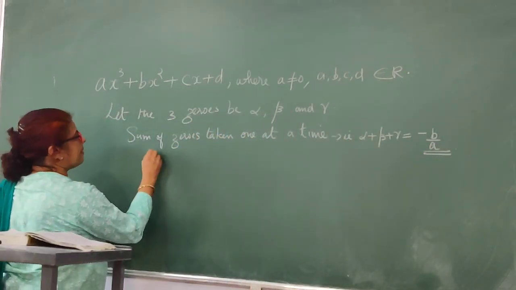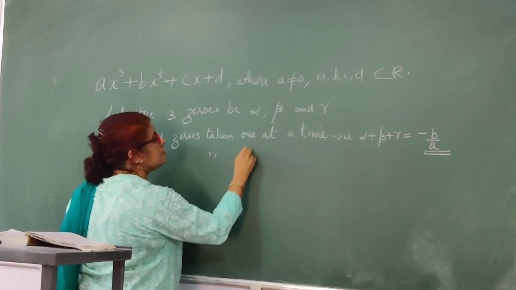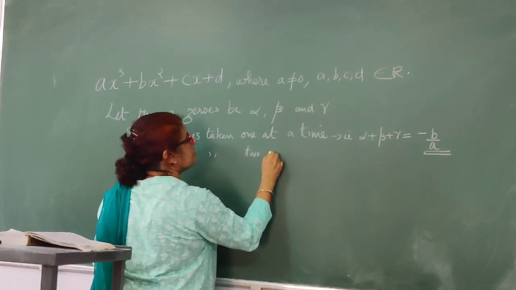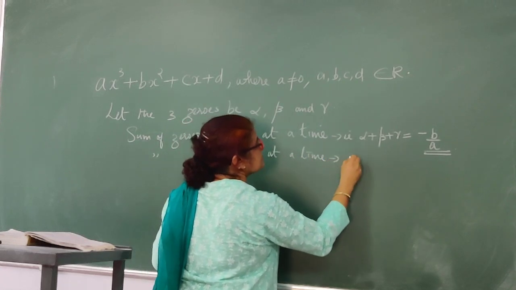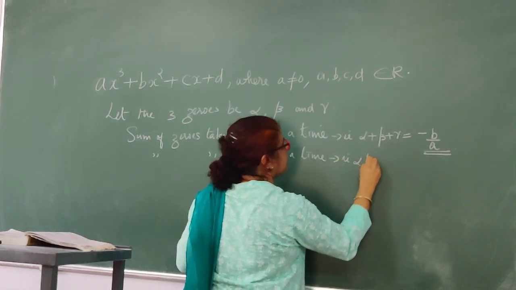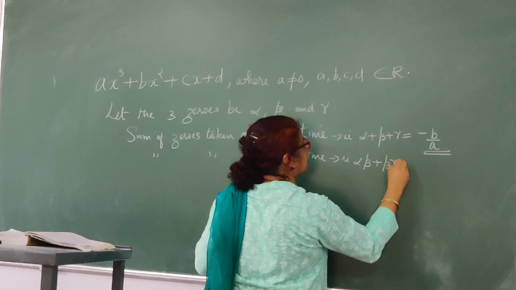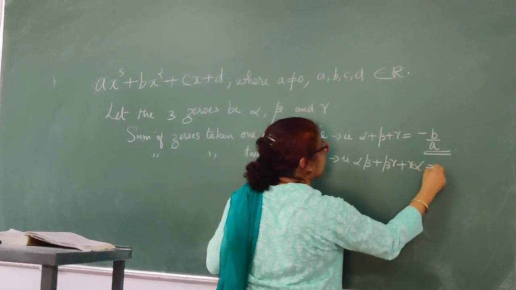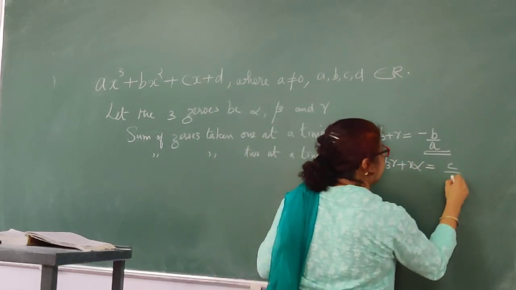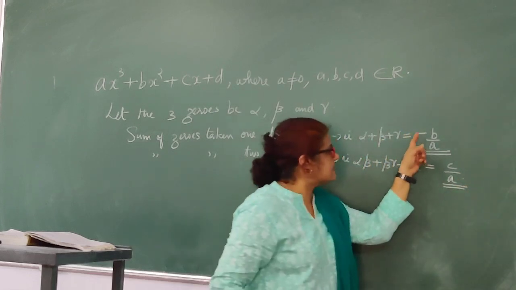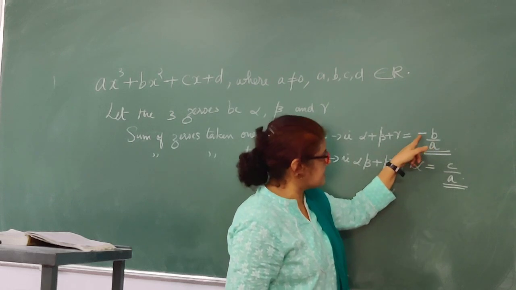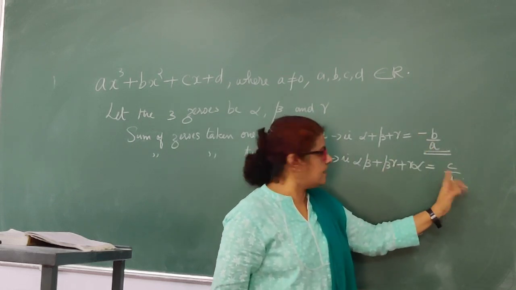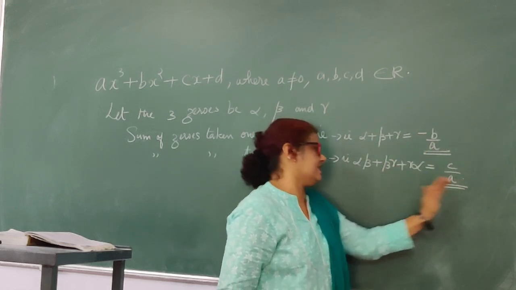And the sum of zeros taken 2 at a time, that is alpha beta plus beta gamma plus gamma alpha, is given as c by a. The signs are taken negative and positive alternately. Here it is minus and in the next case it is plus.